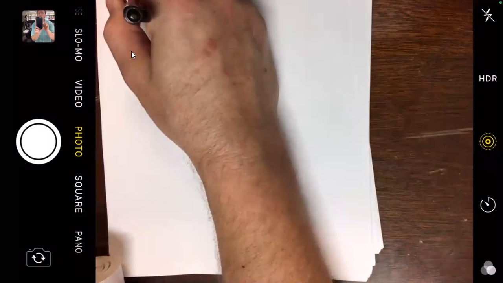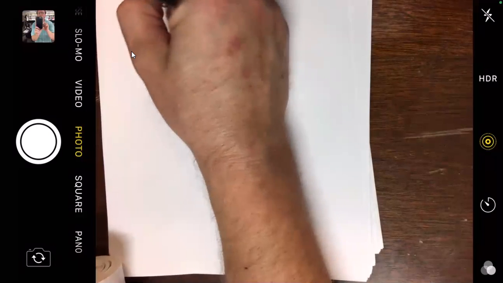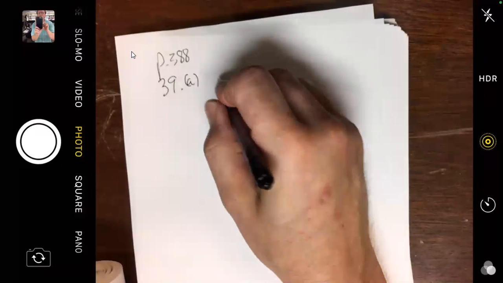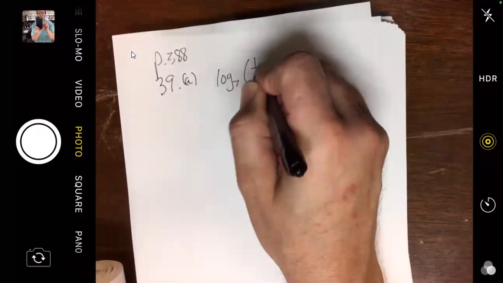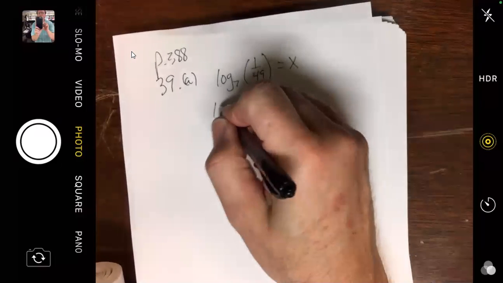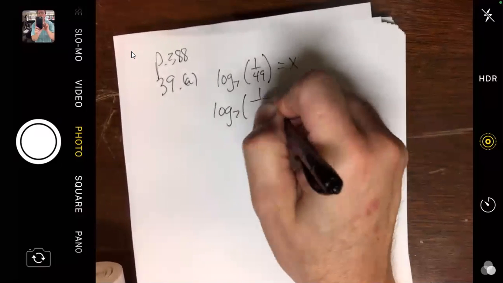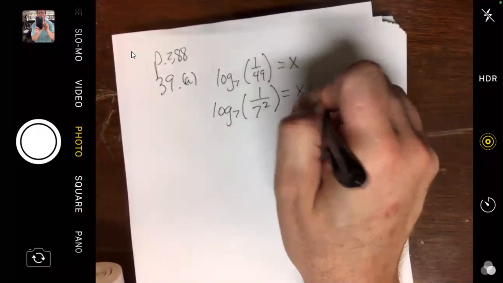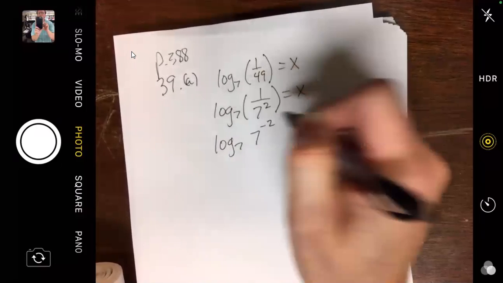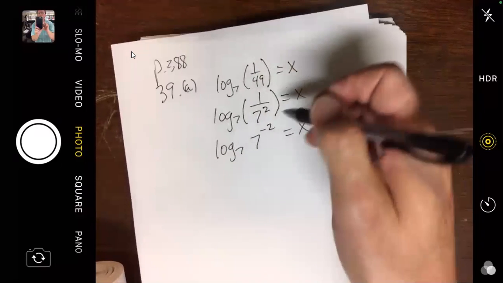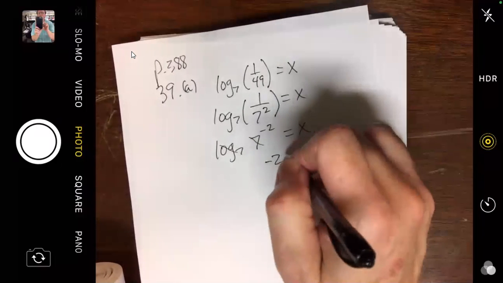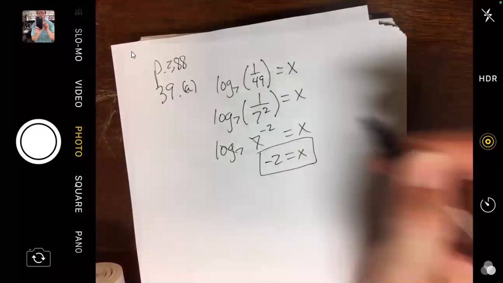Why don't we try 39, part A. Log base 7 of 1 over 49 equals X. Well, log base 7 of 1 over 7 squared would equal X. Log base 7 of 7 to the negative 2 would equal X. And now it looks exactly like the problems up above. Negative 2 equals X. The X would come up negative 2.